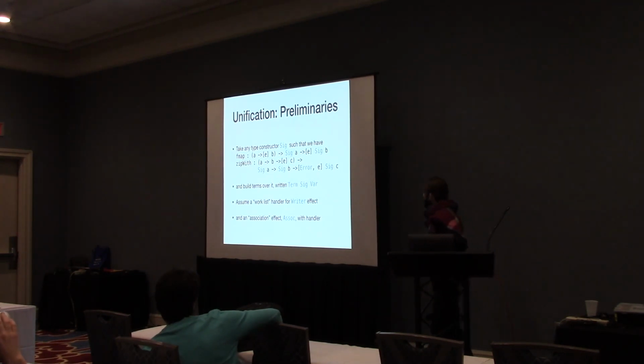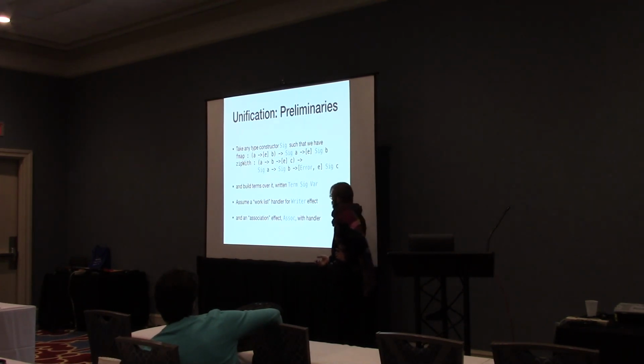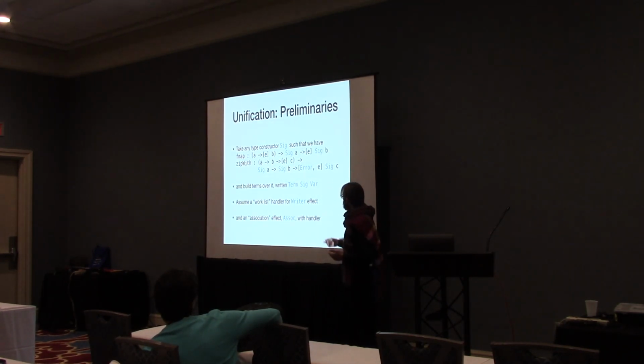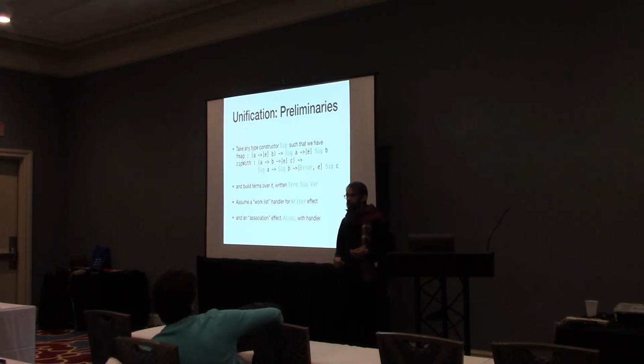Okay? And we need a couple extra effects in order to express the unification nicely. And one of these is writer, which allows us to tell things. It's an inverse of a reader, right? Just like with monads. And we'll have a handler for the writer that is basically a worklist.